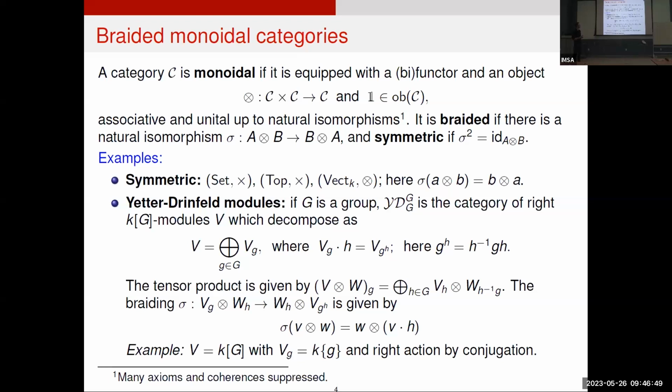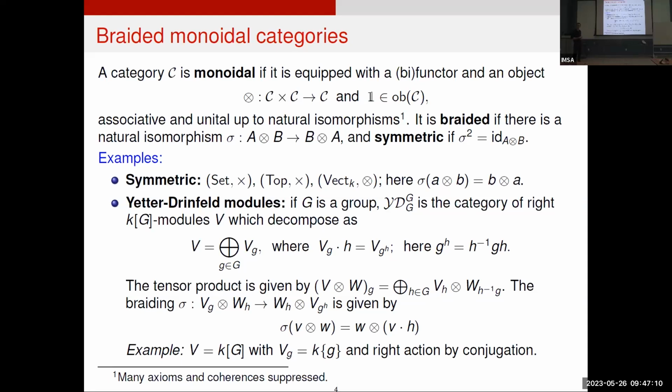One of my favorite categories that's genuinely braided is the category of Yetter-Drinfeld modules. If I specify my group G, then YDG is the category of right Yetter-Drinfeld modules. So they're right KG modules, and they have a grading.